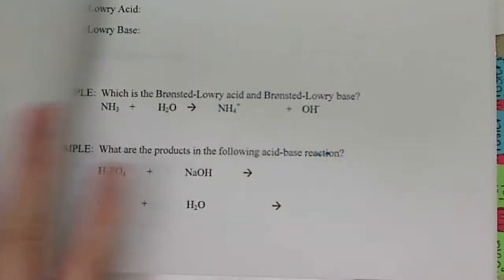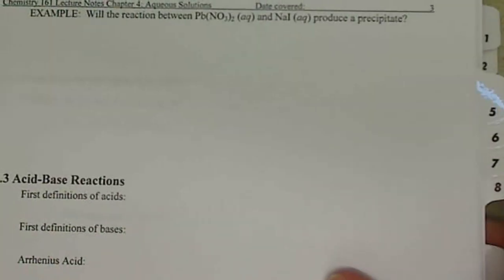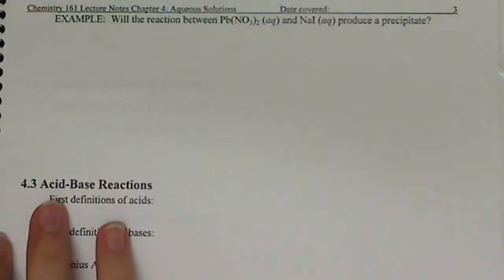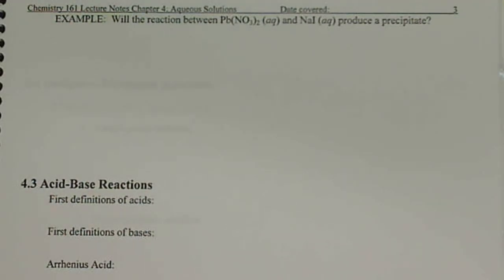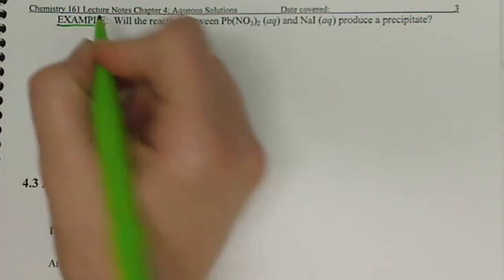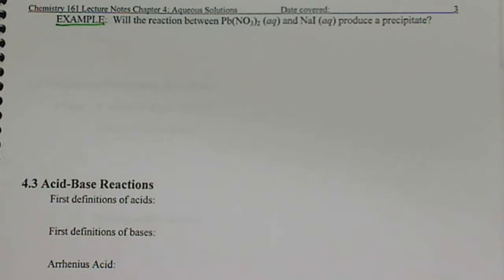All right, let's go ahead and on the next page, there is an example. Will the reaction between lead 2 nitrate and sodium iodide produce a precipitate? Go ahead and try this out. So figure out if it produces a precipitate.